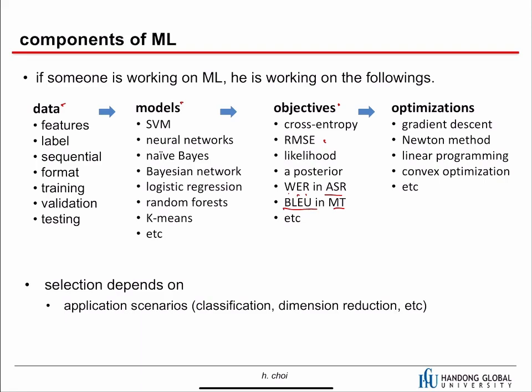Depending on these scenarios, we have to choose one of them. If it is a speech recognition system, then we need the features, the data is sequential, and we need the labels, and we have to split the data samples into three different categories, and the model could be a neural network, the objective function WER, and the gradient descent method can be used, something like this.